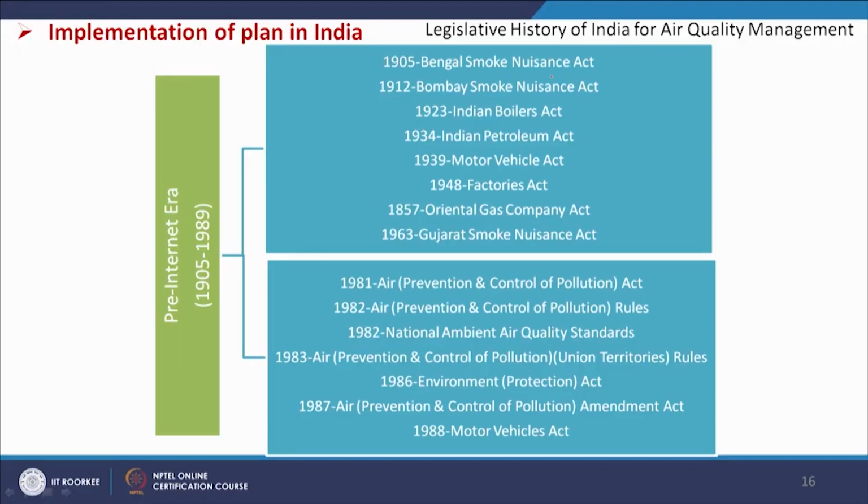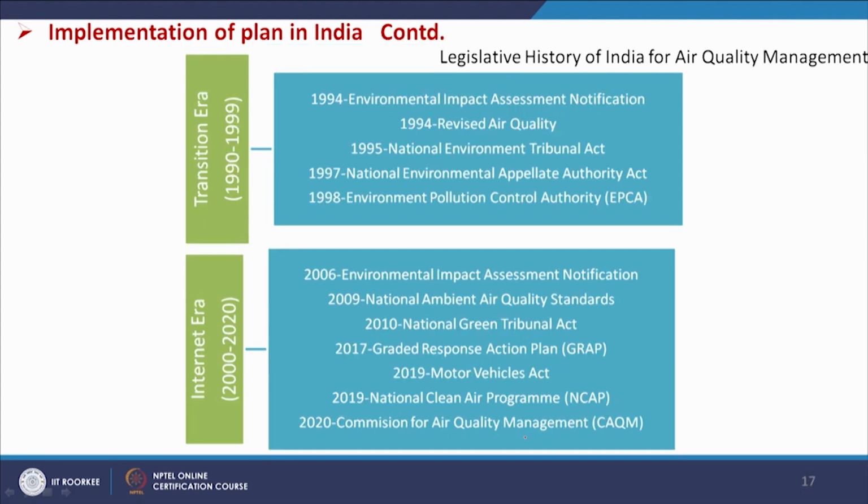In 1905 Bengal Smoke Nuisance Act, then 1912 Bombay Smoke Nuisance Act, 1923 Indian Boiler Act, 1934 Indian Petroleum Act, 1939 Motor Vehicle Act, 1948 Factories Act, 1857 that is very old dated Oriental Gas Company Act, and 1963 Gujarat Smoke Nuisance Act, 1981 Air Prevention and Control of Pollution Act, 1982 Air Prevention and Control of Pollution Rules, 1982 National Ambient Air Quality Standards, 1983 Air Prevention and Control of Pollution Union Territories Rules, 1986 Environmental Protection Act, 1987 Air Prevention and Control of Pollution Amendment Act, 1988 Motor Vehicles Act, 1994 Environmental Impact Assessment Notification.